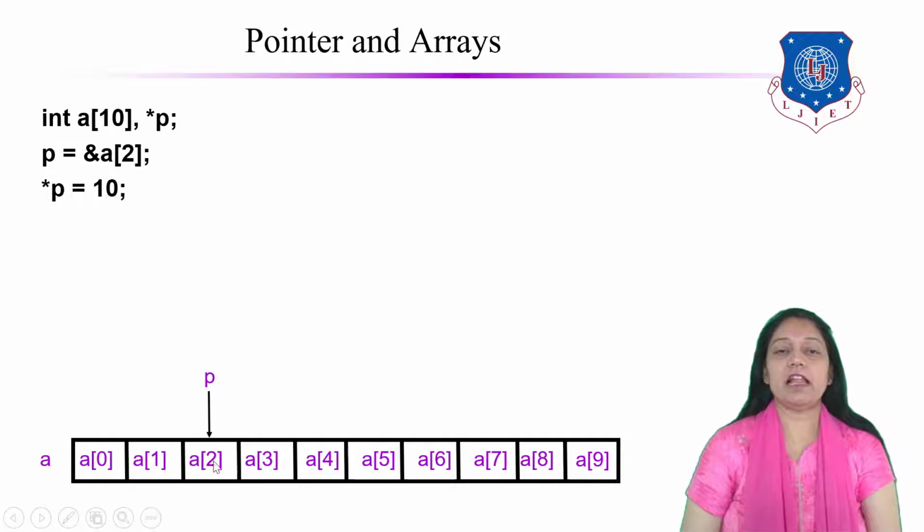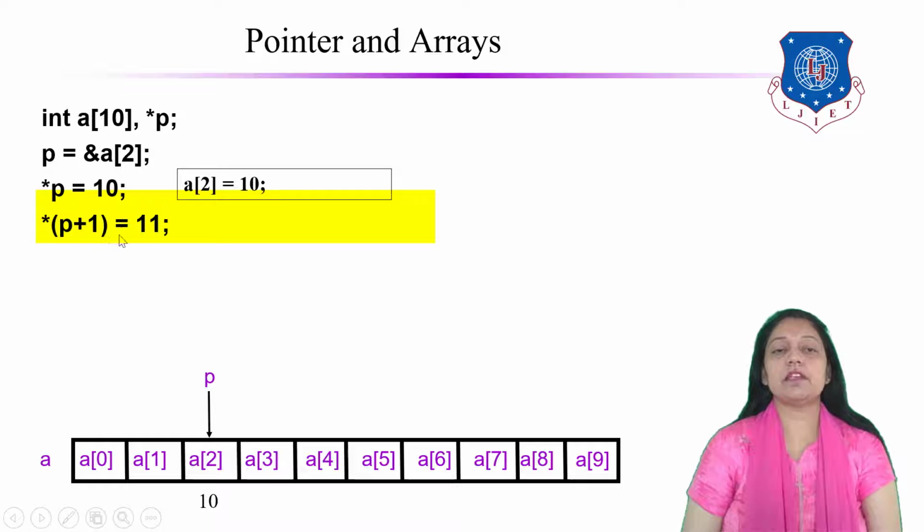Now I want to store some value inside this A of 2. Use the star operator to deal with values using pointers. So star P is equal to 10. It means that A of 2 will become 10. Now if I write star bracket P plus 1 is equal to 11, it means that I want to store some value at the location where the pointer is pointing after incrementing it by 1.